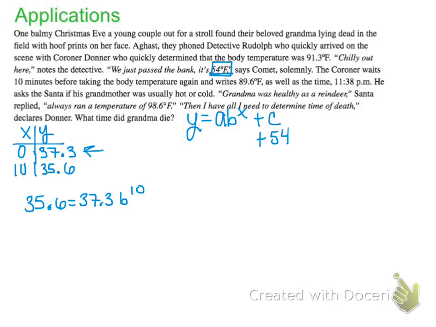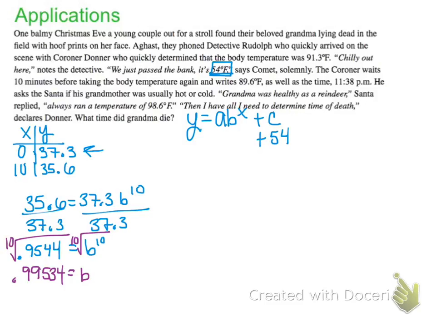So I used the equation y equals ab to the x. I plugged in my a value, and then I used my next point, plugging in the 10 for the x value and 35.6 for the y value. Now I'm going to solve for b, first dividing by 37.3, and then taking the 10th root to get the b value by itself.